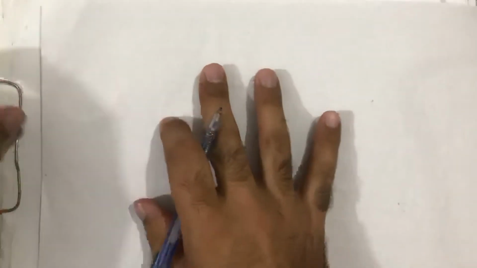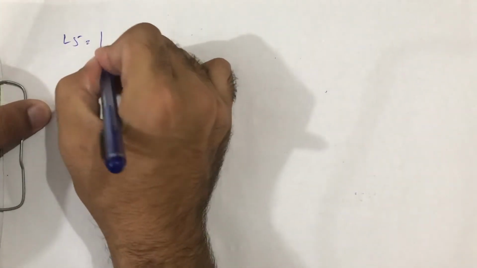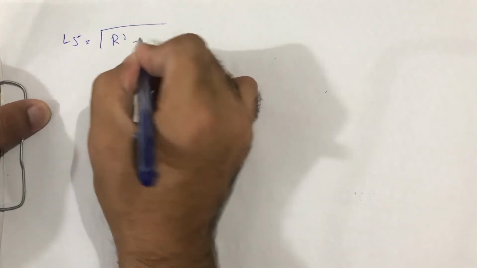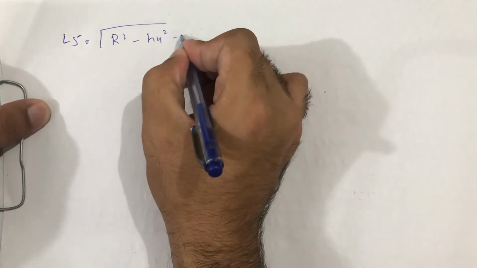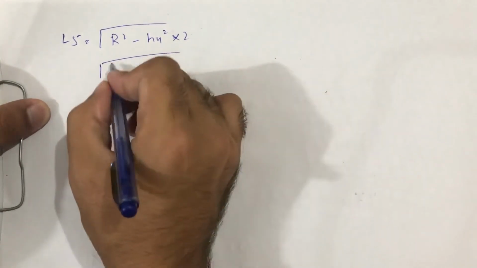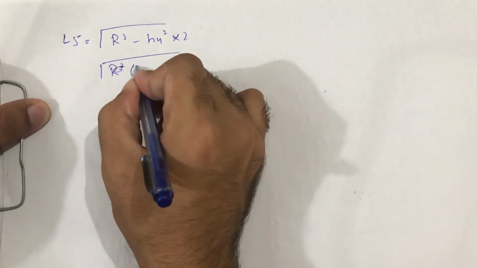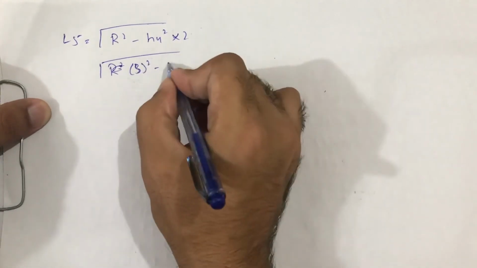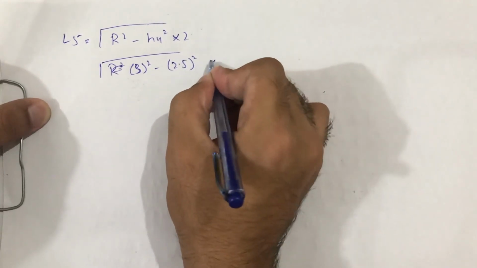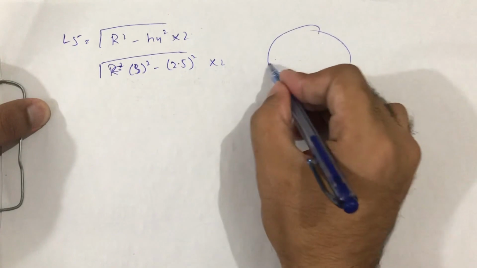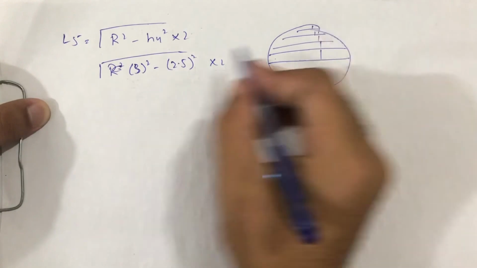Now we have to find L5. So for L5, root of R square minus H5 square, multiply by 2. R is 3 square minus H, which is 2.5 square, multiply by 2, because as we assume, for example, 1, 2, 3, 4 and 5, so 2.5.